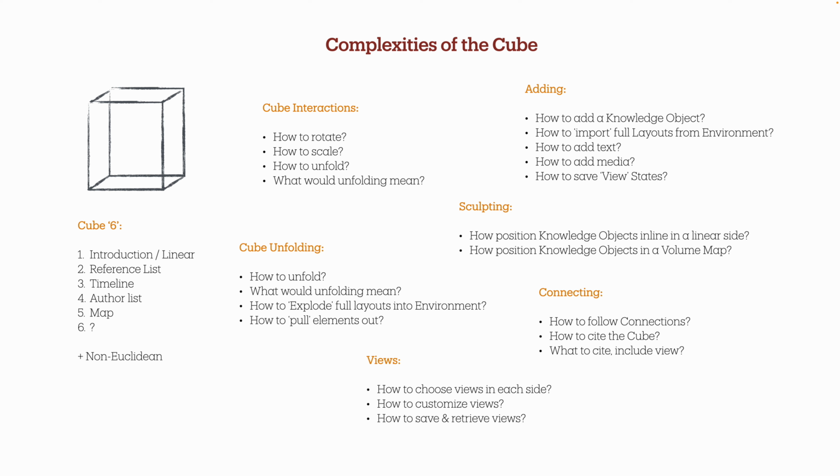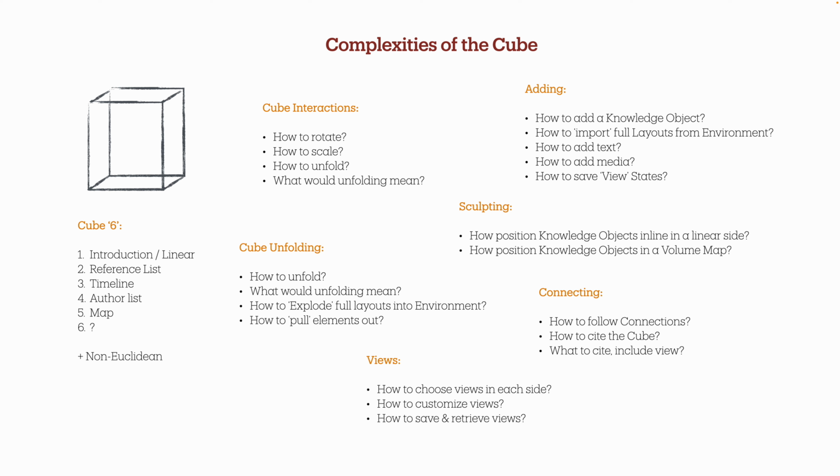How do we follow the connections? If we consider the future having these types of cubes as being what people are reading and not PDFs, then we have the question of, if you follow a link from one to another, link or citation, does it open into the space or does it replace the cube? How do we cite the cube? If we cite the cube, do we cite it as one object, or do we cite it with a specific view or a view spec?